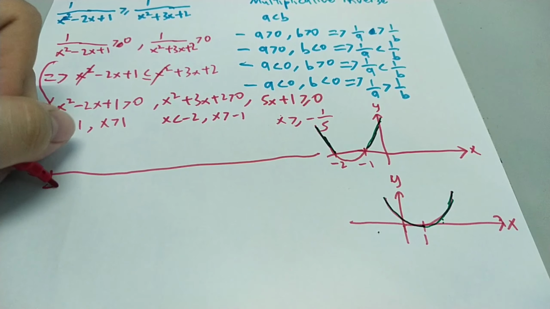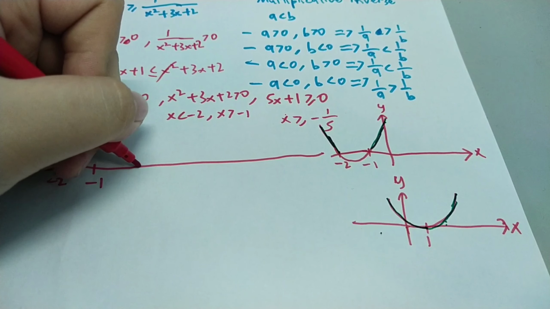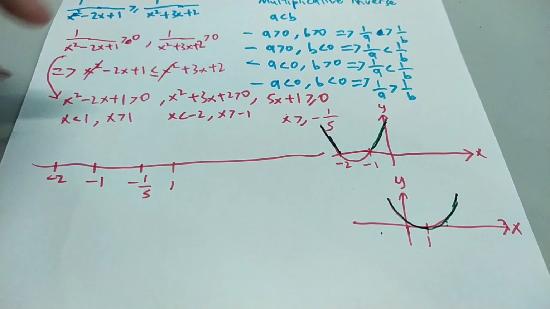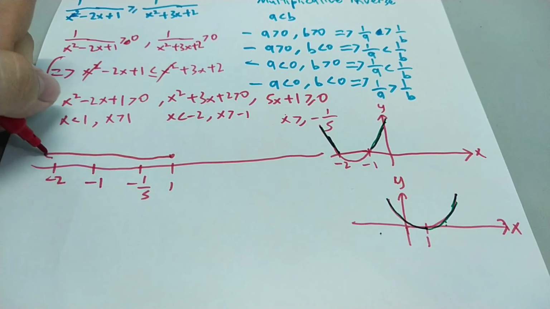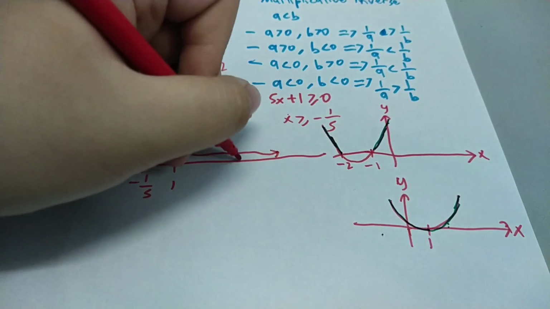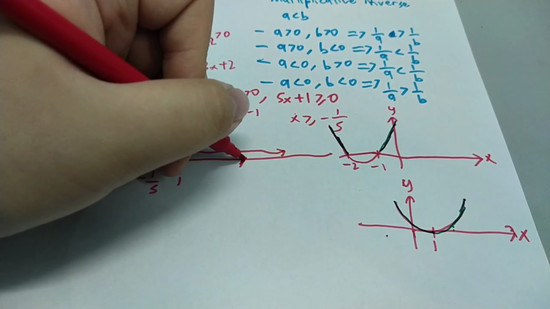so negative 2, negative 1, and then negative 1 over 5 and 1. And then the first one is x must be like this. This is the first range.